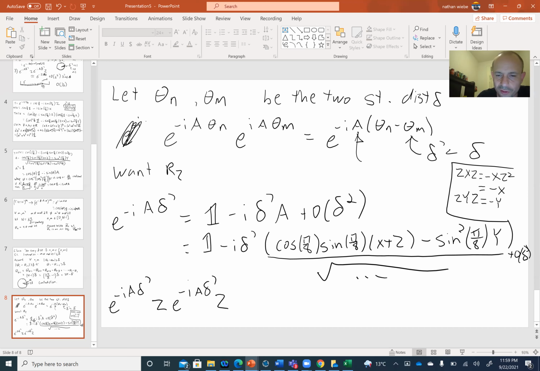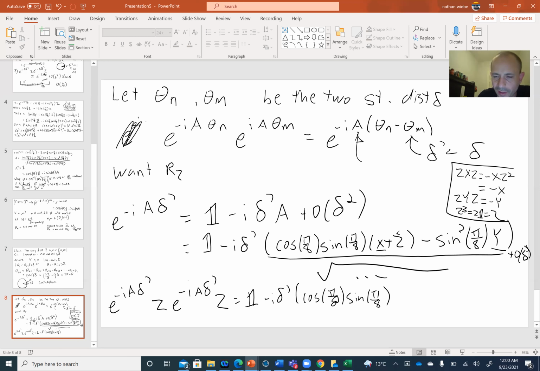So the z conjugation is going to flip the sign of this and this, but z cubed is of course equal to z times identity, which is z. So this will stay exactly the same sign. So when we expand this out, we'll end up getting I minus i delta prime cosine pi by 8 sine pi by 8.